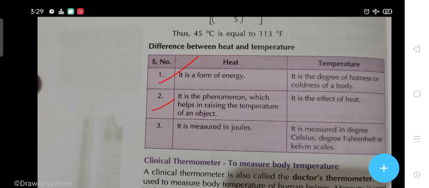Second, heat is a phenomenon which helps in raising the temperature of an object, and temperature is the effect of heat. Third one, heat is measured in joules and temperature is measured in degree Celsius, degree Fahrenheit and the Kelvin.